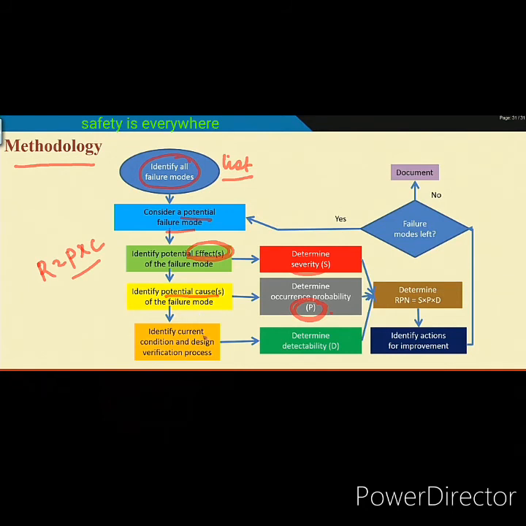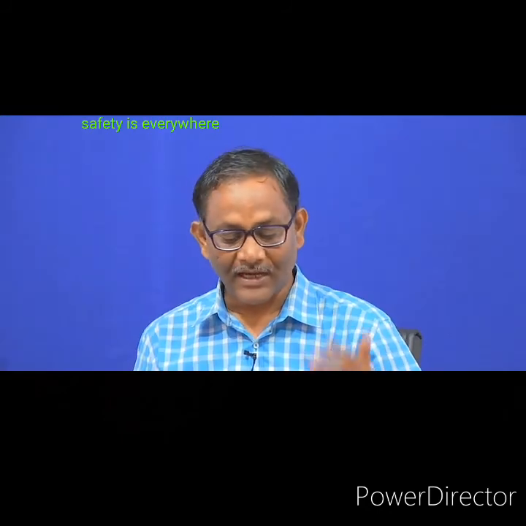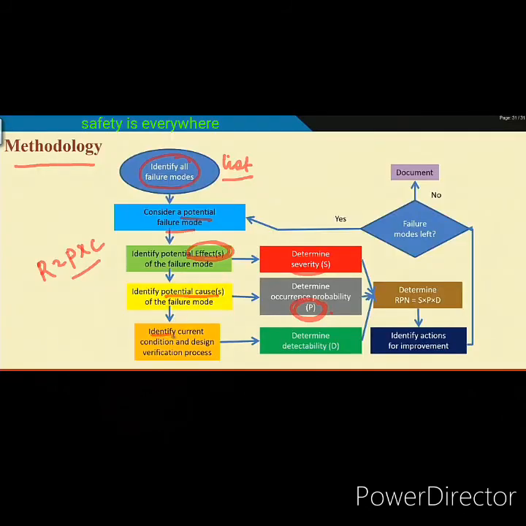There is an external leak, leakage of gas, the valve is choked, but is your system configured such that you are able to detect that that particular failure mode has occurred? That is possible when you identify the current condition and design verification process.